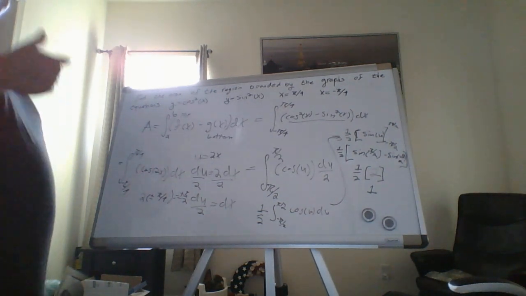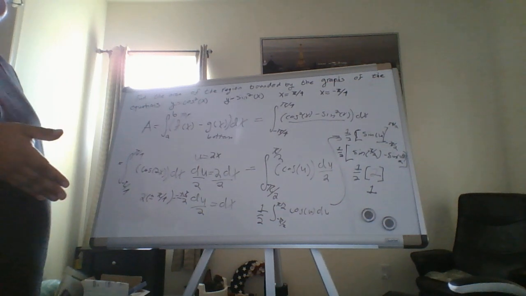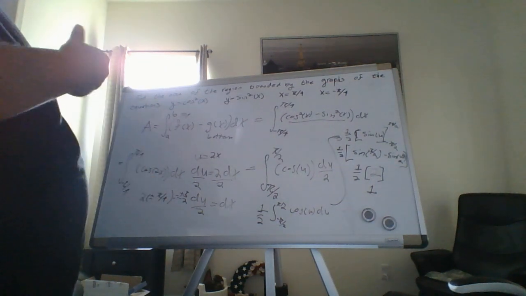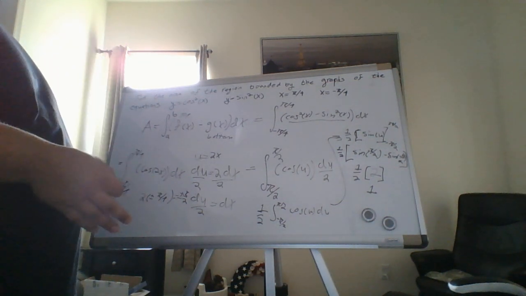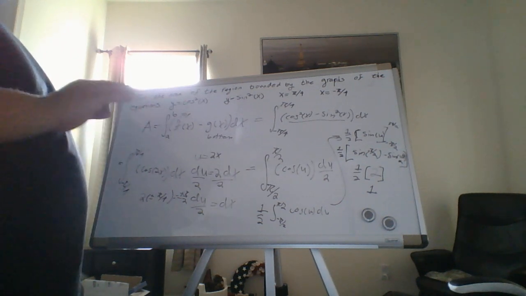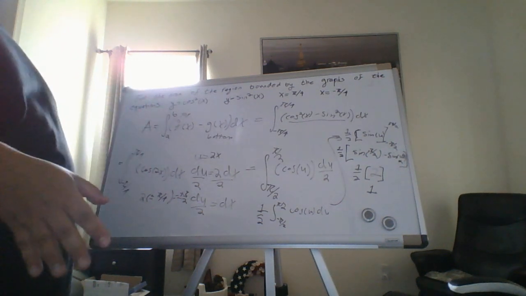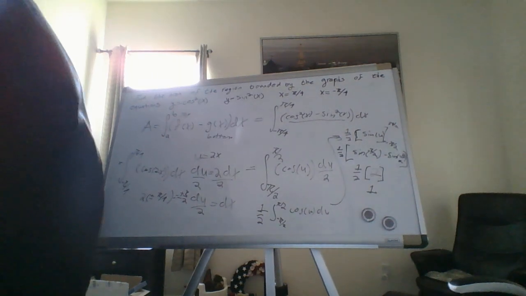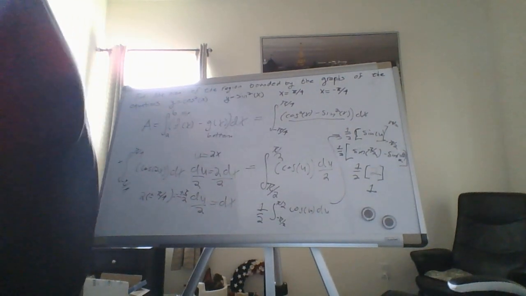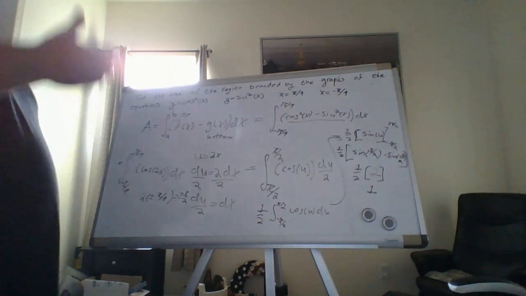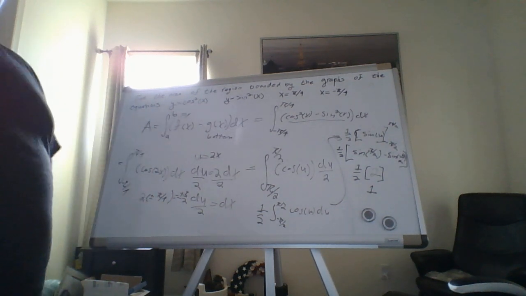So doing it this way is fine, but if you're trying to save time, use the calculator. And I hope you liked my way, and I hope you liked how I solved this. This is the old-fashioned way.